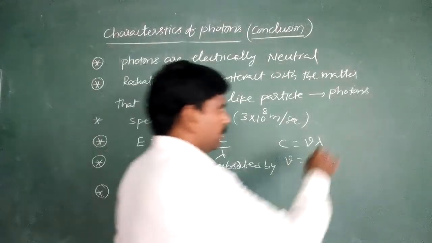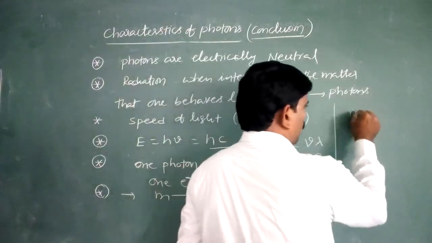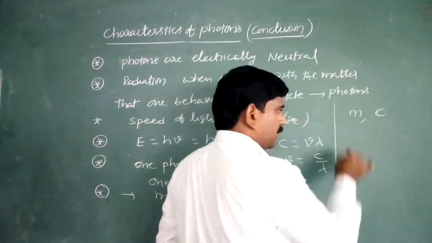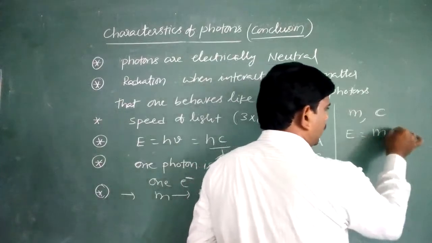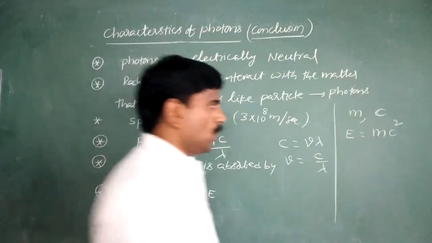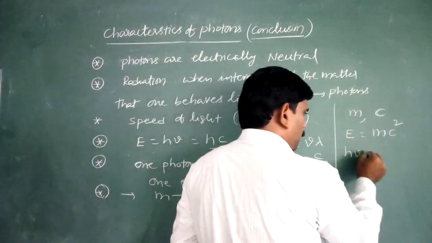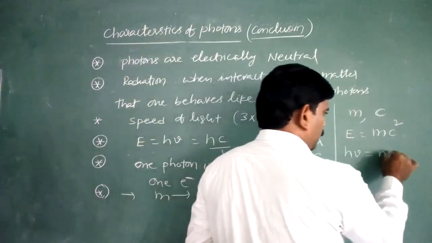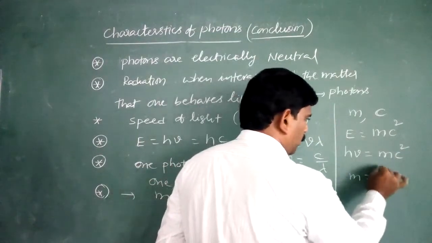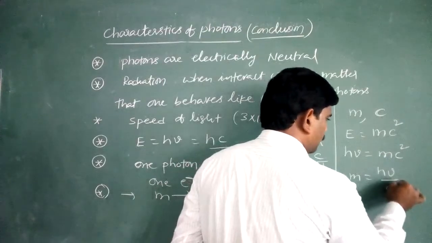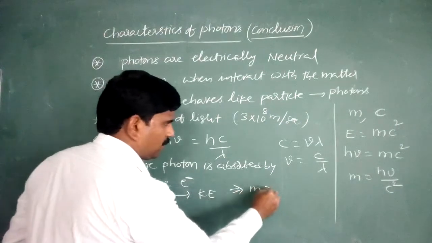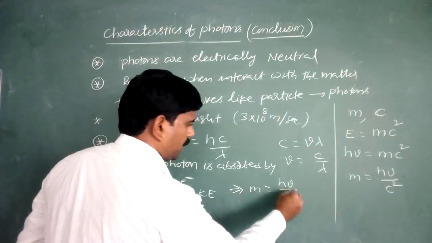If you observe, mass of the photon is equal to m, moving with the speed c. Then energy is equal to mc square according to the Einstein mass energy relation. We know the energy of the photon is h nu, so h nu is equal to mc square. From this, m is equal to h nu by c square.